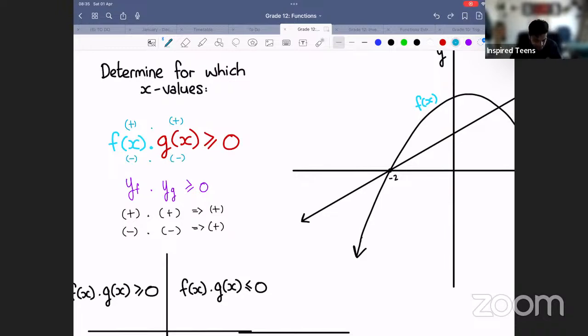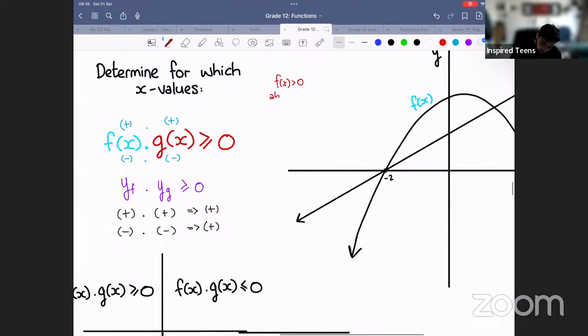Now, when is f of x positive? Like the previous question, not the previous one, the one just before that, remember? We did that: when is f of x positive? F of x is greater than 0, which is positive, above the x-axis.